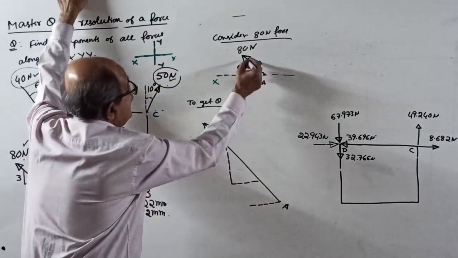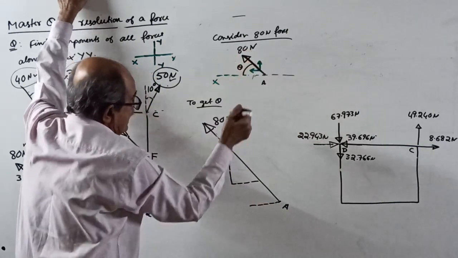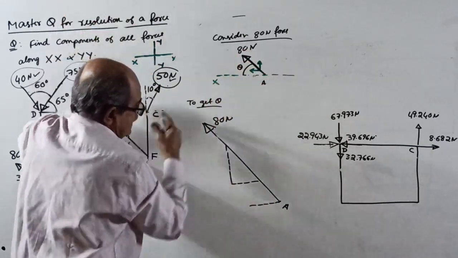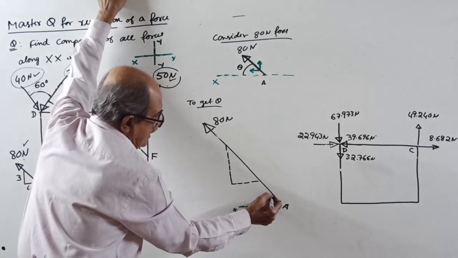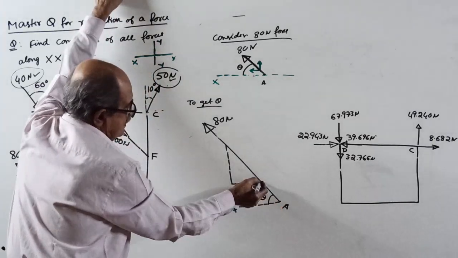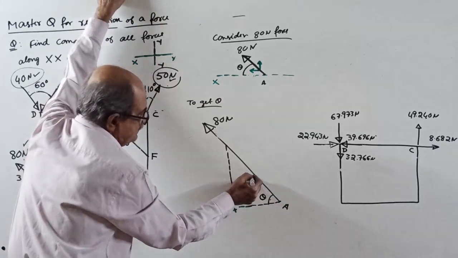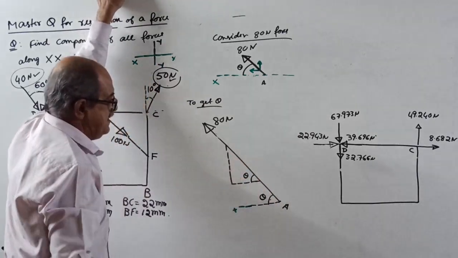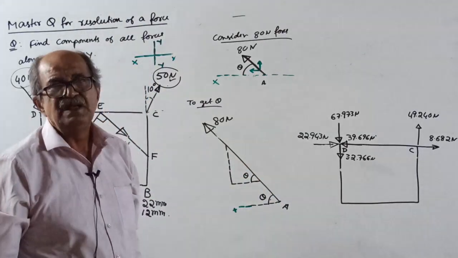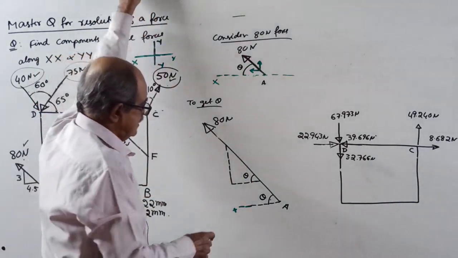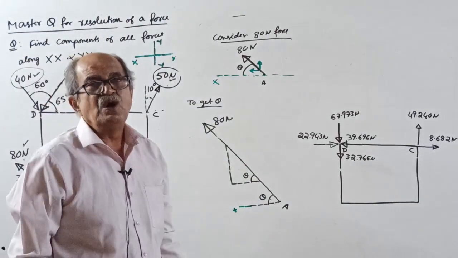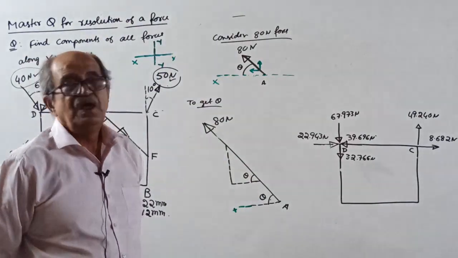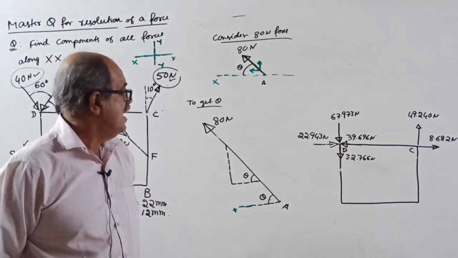What angle does the 80 Newton force make with x? This is our angle theta. If that is theta, this also is theta only, because these are parallels. If someone asks why, I cannot answer; better not study structural engineering.